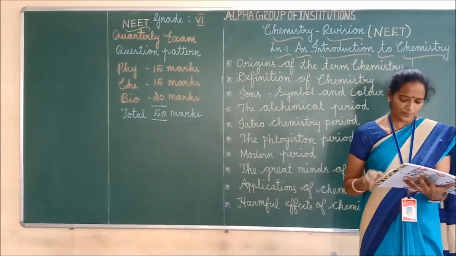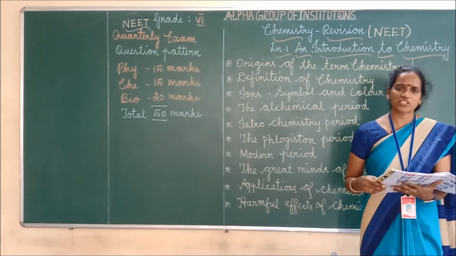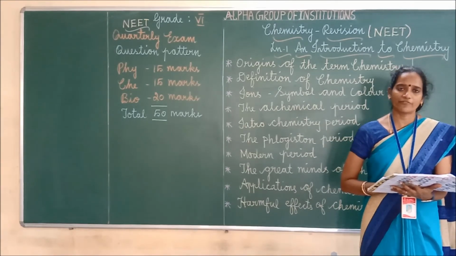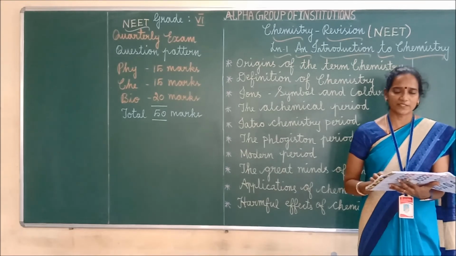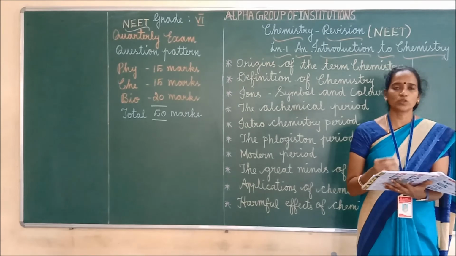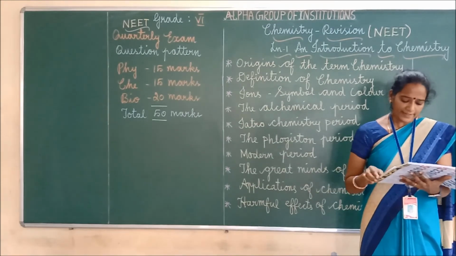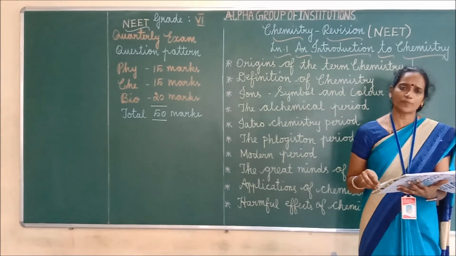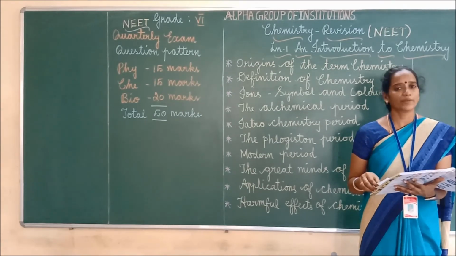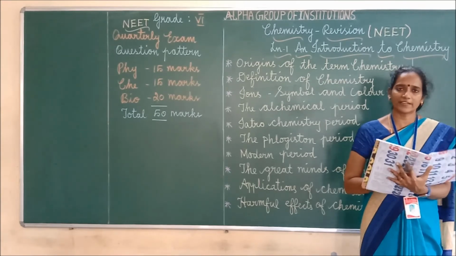Got it? Right. Next. Natural fibers are obtained from dash. Natural fibers are obtained from plants and animals. Can you give some examples? Cotton, jute, silk. These are some of the natural fibers. Next one. Synthetic fibers are prepared from dash. Chemical substances. What's the difference between natural fiber and synthetic fiber?